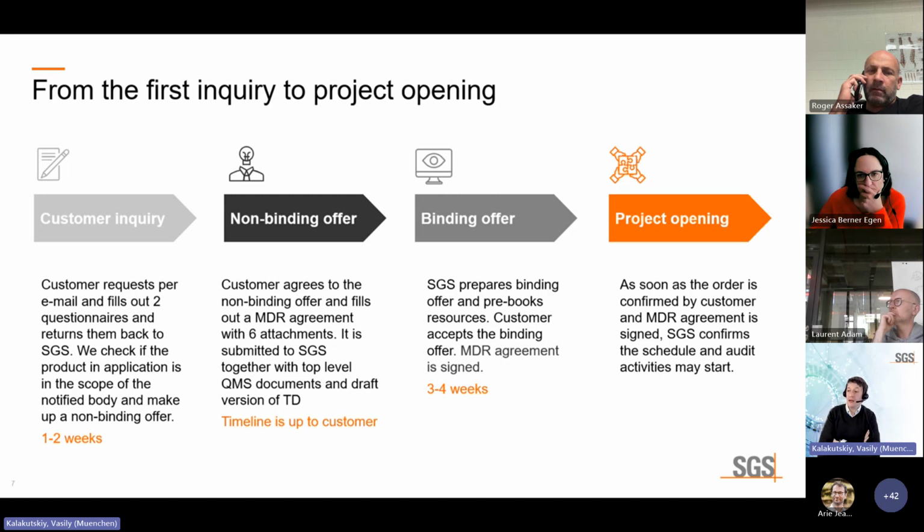Yeah, because the application procedure is already self-filtering. When the customer is filling out these attachments, they can already see, okay, probably we have to do some more rounds internally, and the application process is not limited unless the MDR agreement is signed.